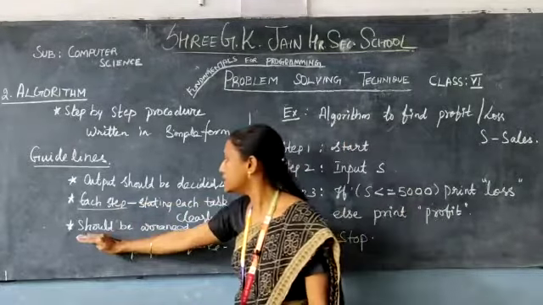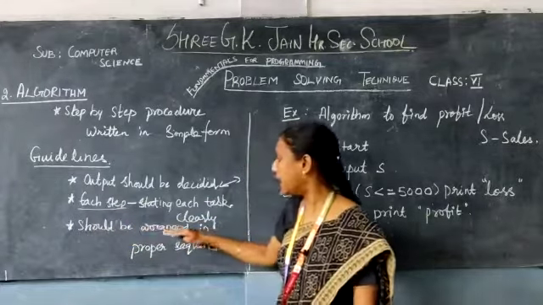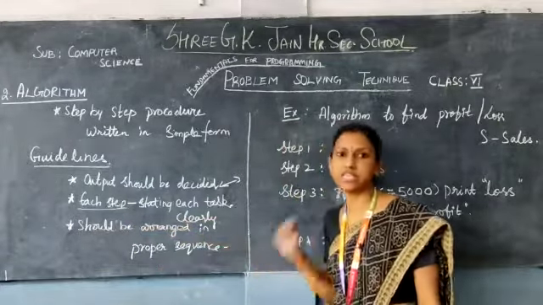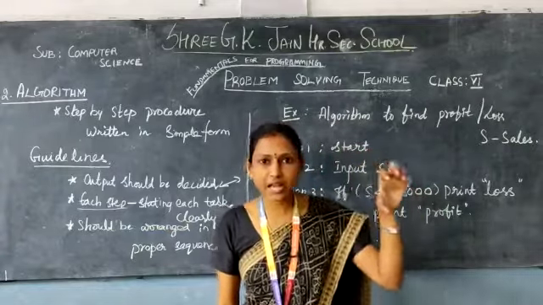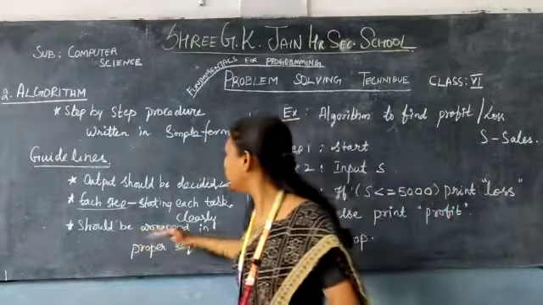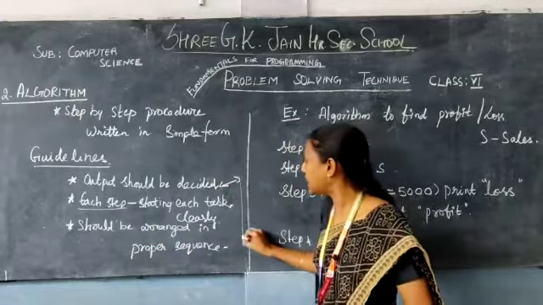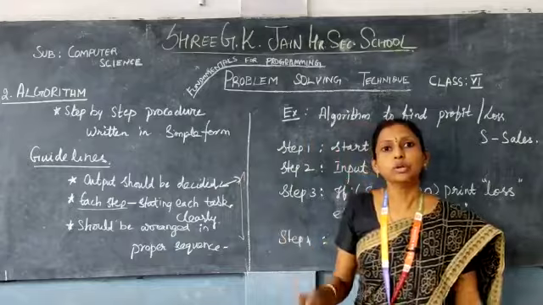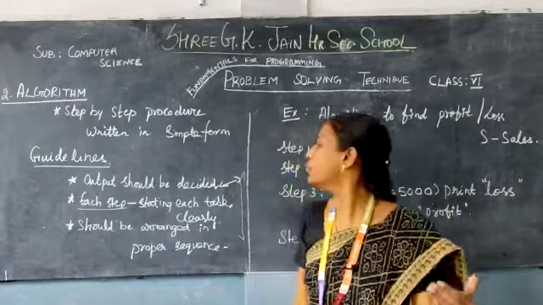Okay, next one is that the algorithm should be arranged in a proper sequence. That is step by step. To get a desired output, the algorithm should be arranged in proper sequence. These are the 3 guidelines we have to keep in our mind before writing an algorithm. What are they?